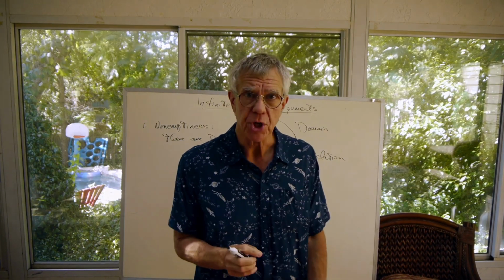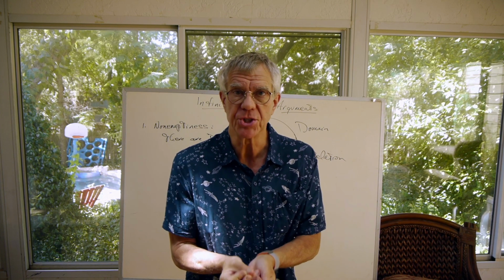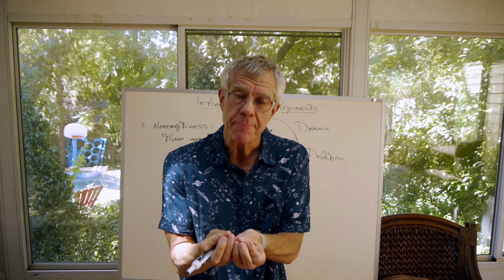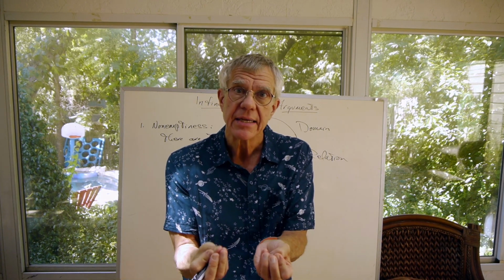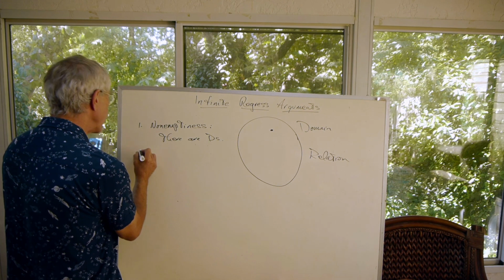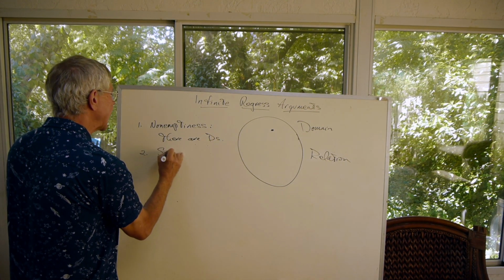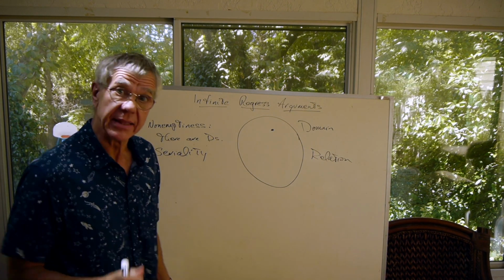The second assumption is now one that involves the objects in that set and the relation. The idea is going to be that everything in that domain stands in that relation to something. So we could call this the seriality premise. And the idea is simply this.